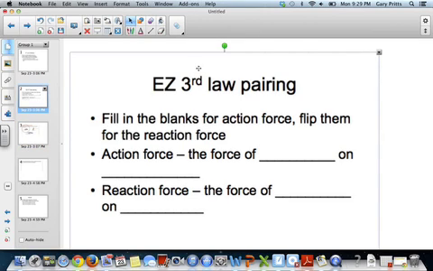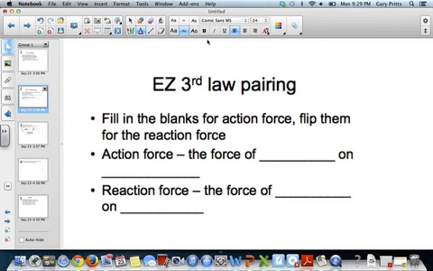So you have force of tire on road, and so to get the reaction force, you just flip the objects. So we have the force of the road back on the tire. That's your equal and opposite reaction force.